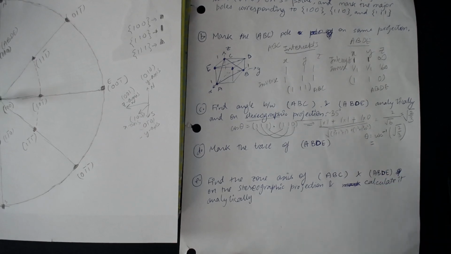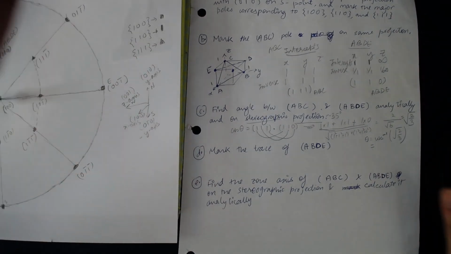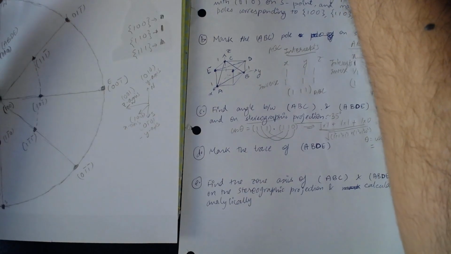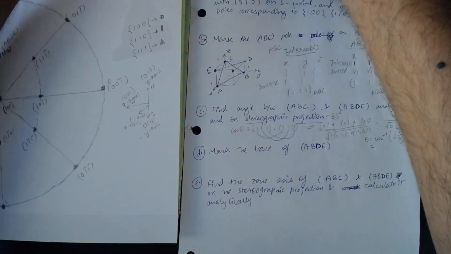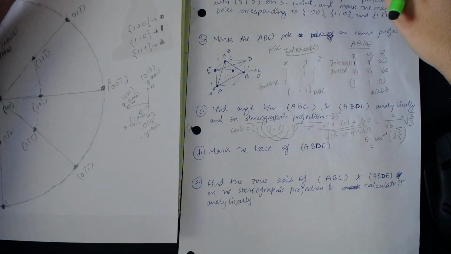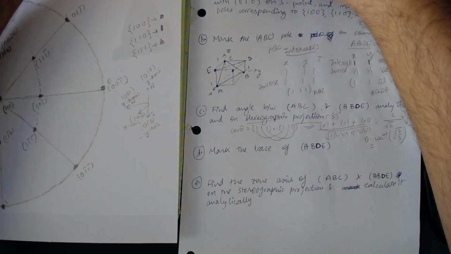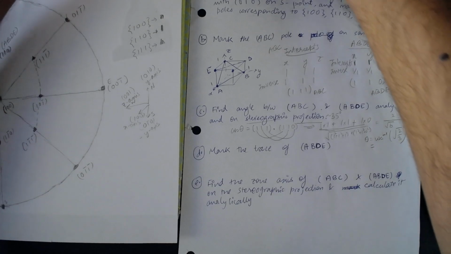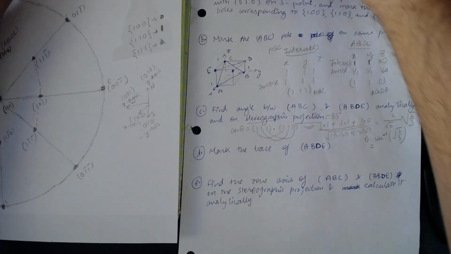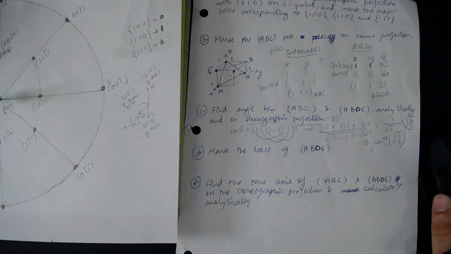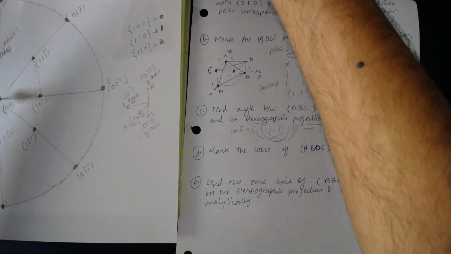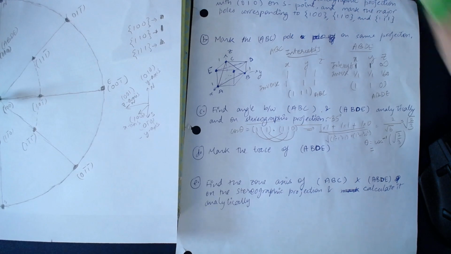And then I'm just going to use Google real quick to do this. So cosine inverse of square root 2 over 3. Alright, and we want it in degrees. In degrees.